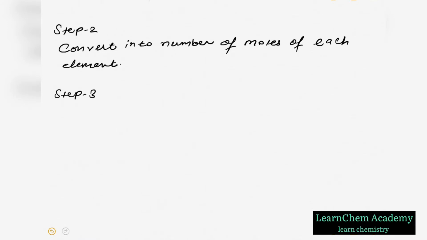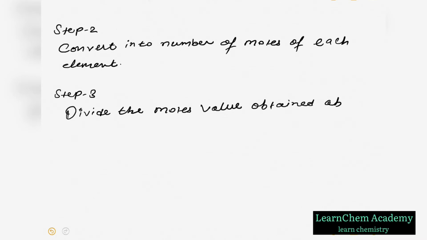Step 3, divide the moles value obtained above by the smallest number. So this is: divide the moles values obtained above by the smallest number.